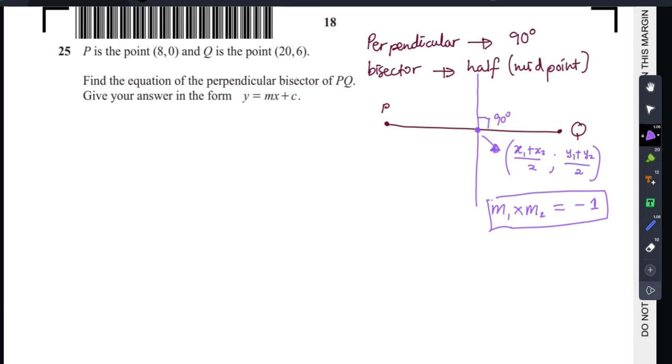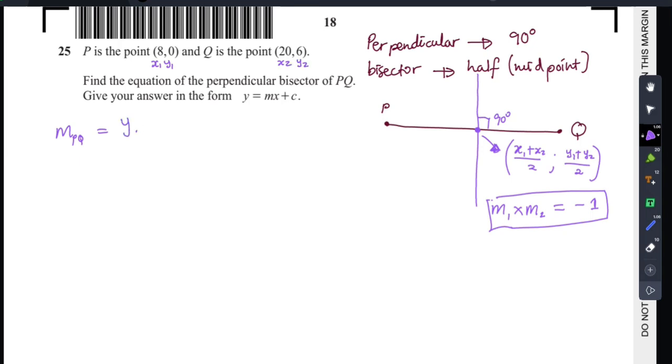If you are finding the equation of a straight line, you need the gradient of the line as well as the y-intercept. For the gradient, it's going to be simple because we're going to calculate the gradient of PQ first. So we write m of PQ. This is x1, y1, and this is x2, y2.